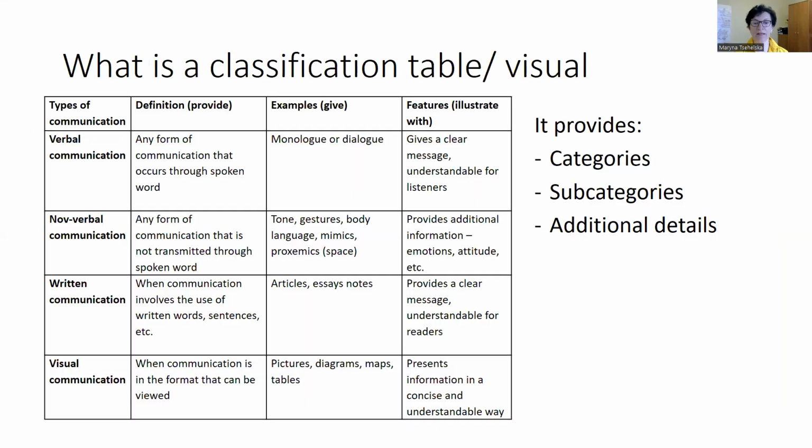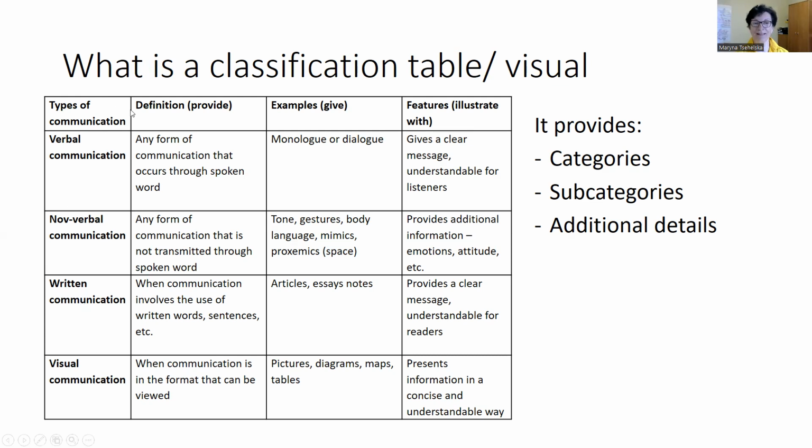So let's think of what a classification table is. I will be giving you examples of the same table all the time. It shows us the types of communication: verbal, non-verbal, written, and visual.